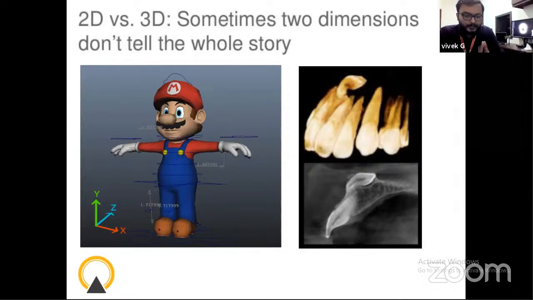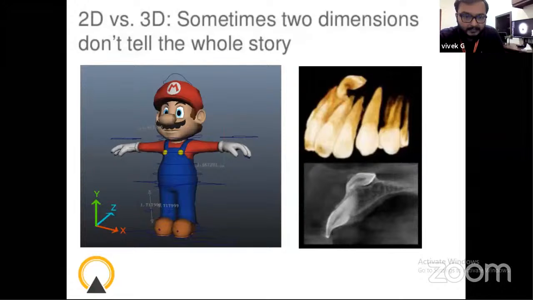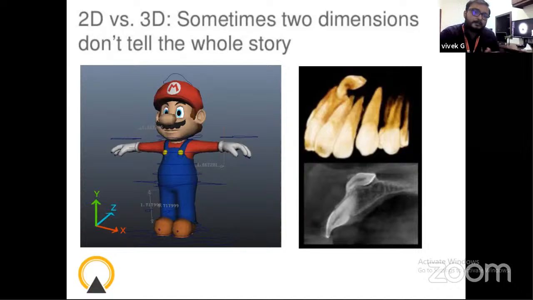So you get all the information that you can get from a 2-dimensional image, but also so much more. You get that it is buccally placed, inverted, and dilacerated. All this was not clearly visible in the 2-dimensional image. So that is what I was telling, that sometimes 2 dimensions might not tell you the whole story.